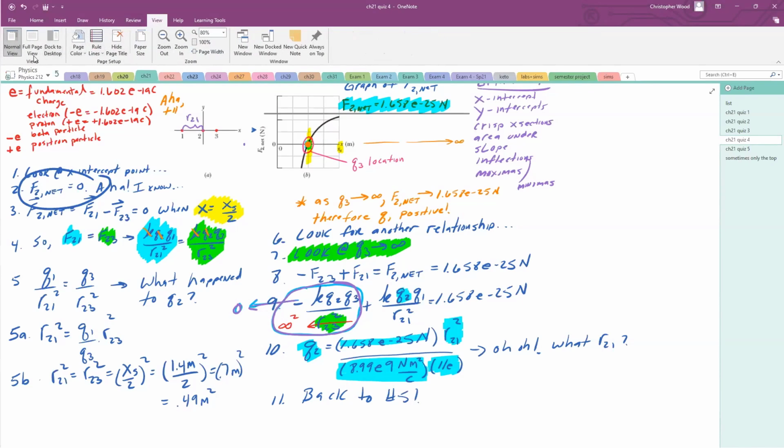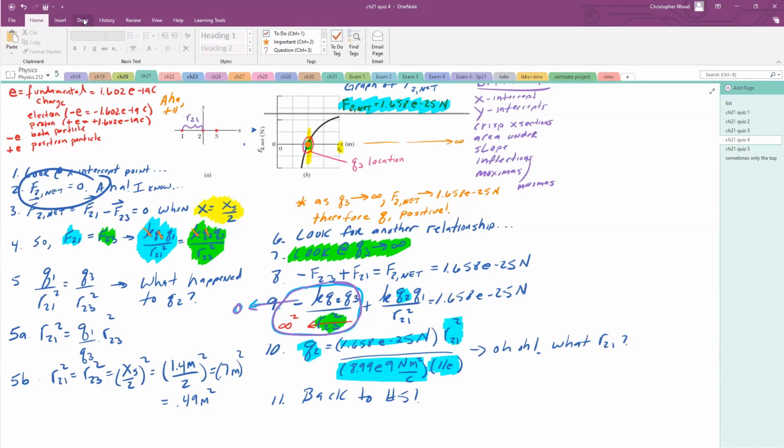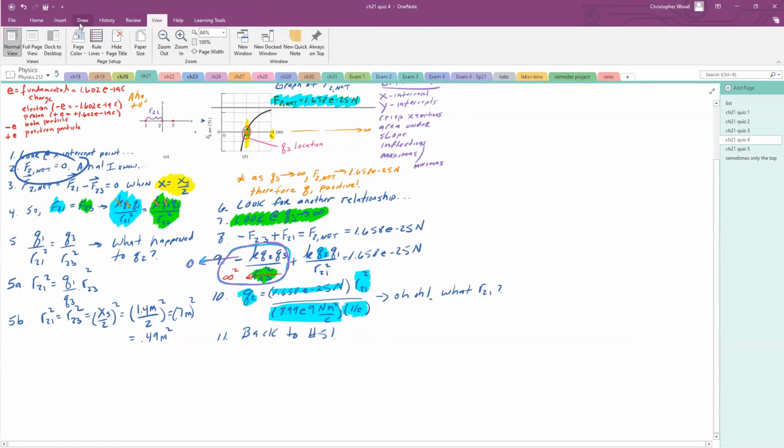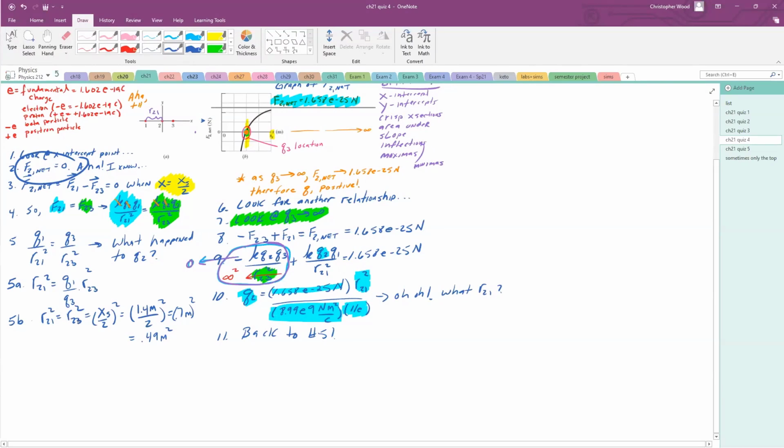Make sure I did, because that's a lot of operational stuff. Let me zoom out. Okay. All right, so I'm here in 5A. I went from 5. Here's 5. I'm feeling good about 5. What happened to Q2? That was very disappointing. But now I'm back because I need to figure out what is the distance between particle 2 and particle 1.